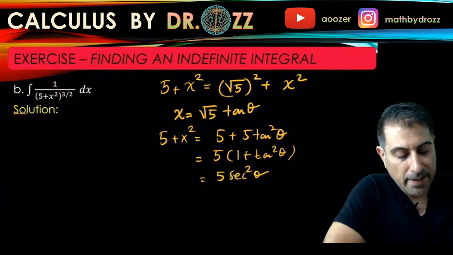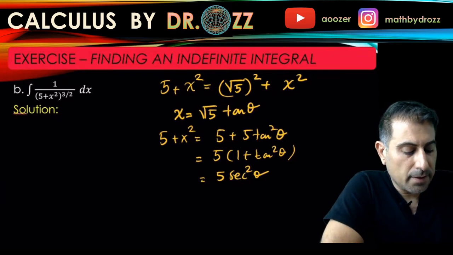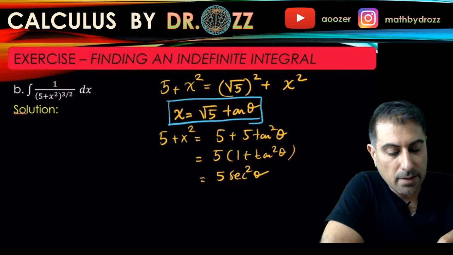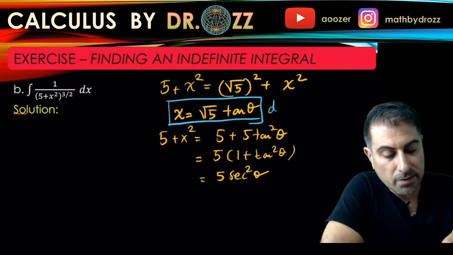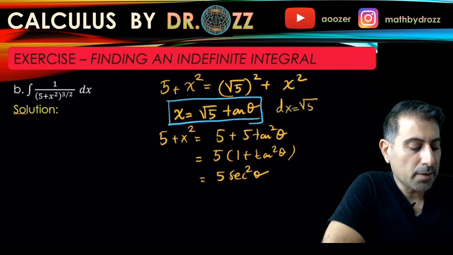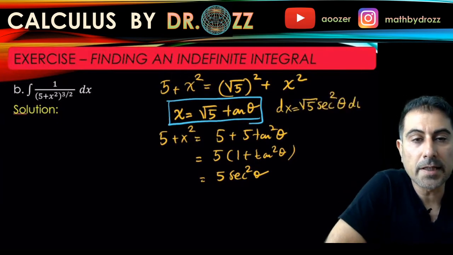When we have x equals radical 5 tan theta, what is the dx corresponding to that? dx is radical 5 secant squared theta d theta, because secant squared is the derivative of tan.